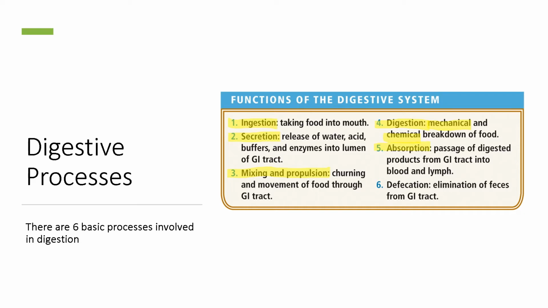So this is bringing in the ingested and secreted fluid, ions, and all the products of digestion into the epithelial cells lining the lumen of the GI tract and moving it into the blood and the lymph. Essentially, we're going to take all those small molecules that were mechanically and chemically broken down, and we are going to absorb them from the GI tract into the blood and the lymph. So that's our fifth function of the digestive system, absorption.